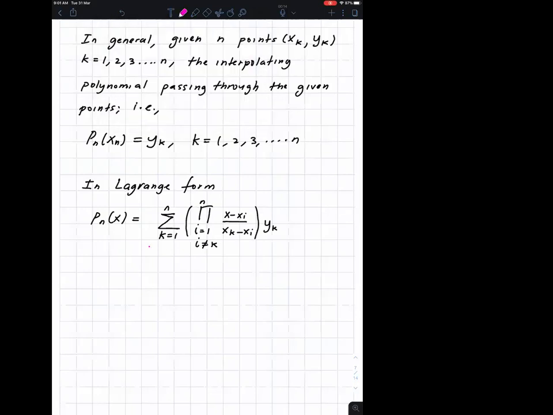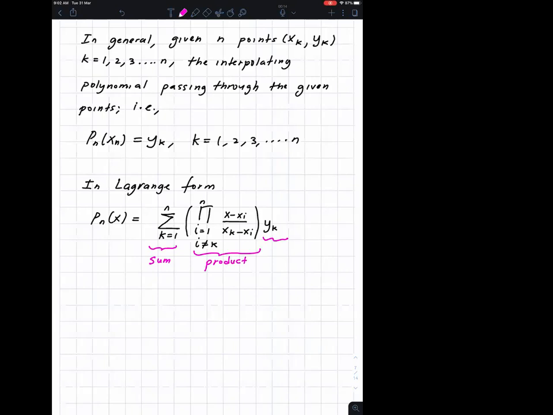This part here is just telling you the sum, as k goes from 1 to n, and this part here is the product. And this is the y of k, one of the data points. So this equation is the sum of the product multiplied by y of k.